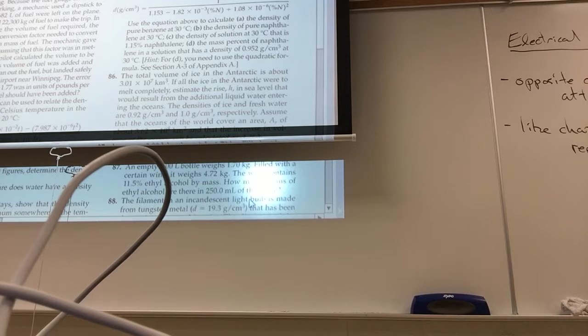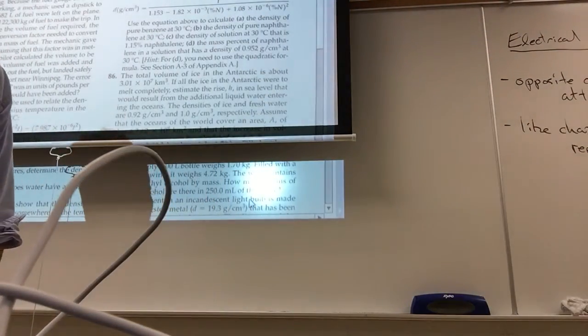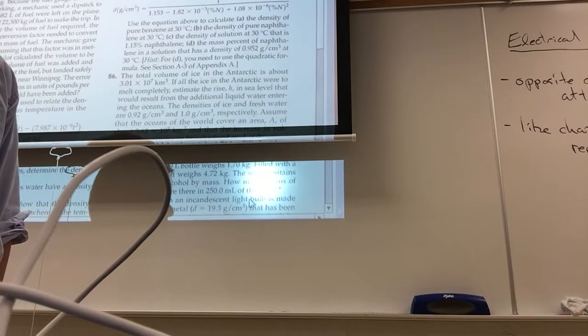Coulomb's law: the force of the attraction is proportional to the charges on bodies A and B over the distance squared. This is the distance between the centers of charges. And so the higher the charge, the stronger the force, and the closer they are to each other, the stronger the force.